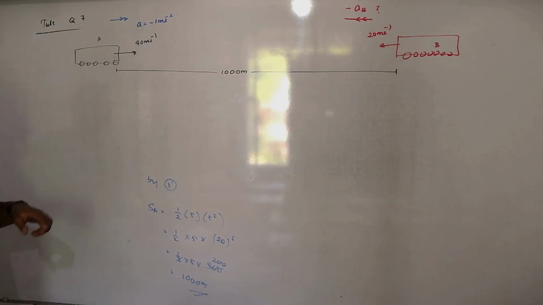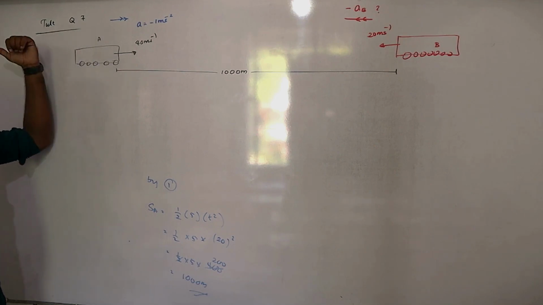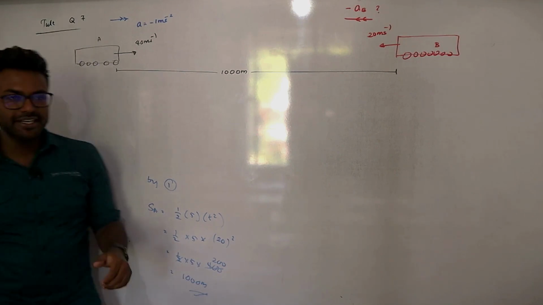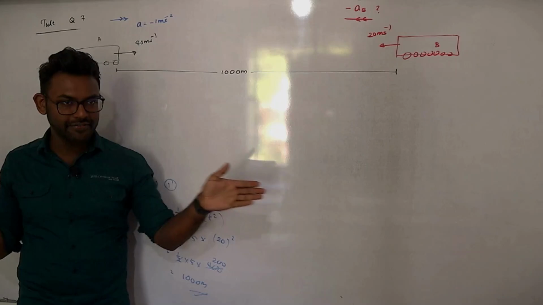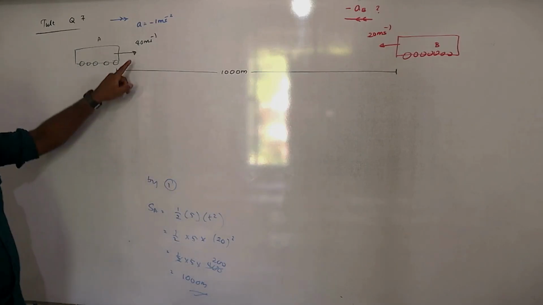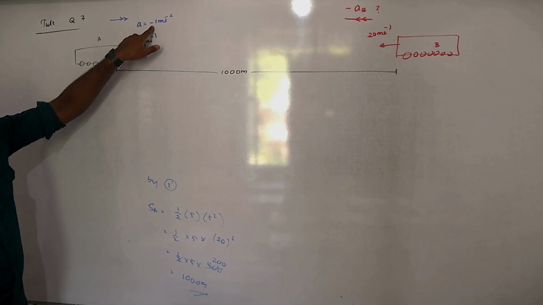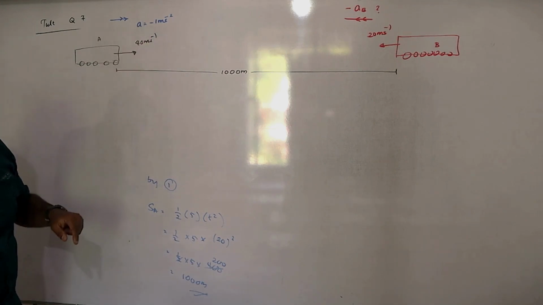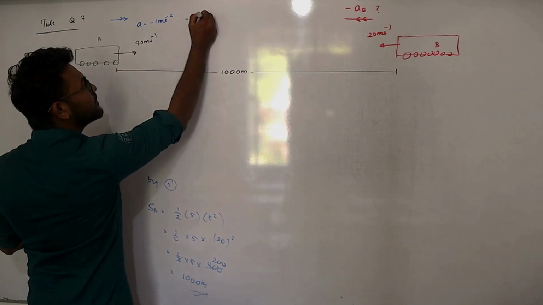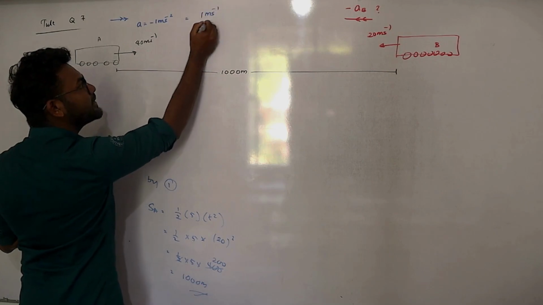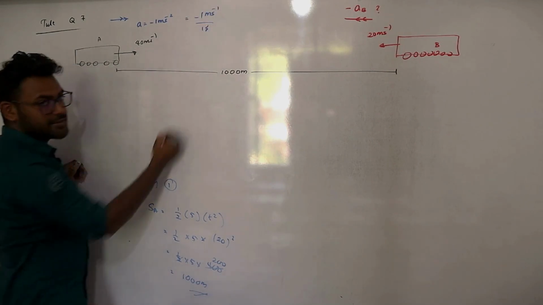Now, you are saying that acceleration is to the other side. Okay, acceleration is to the other side, but still it has a velocity. So you can see here it's 40 meters per second, and the deceleration is 1 meter per second squared, which means what? You have 1 meter per second in each and every second, and it's a minus.